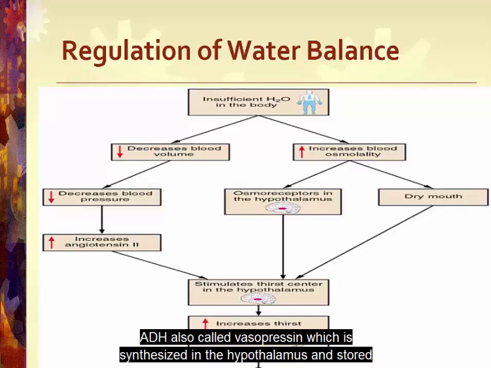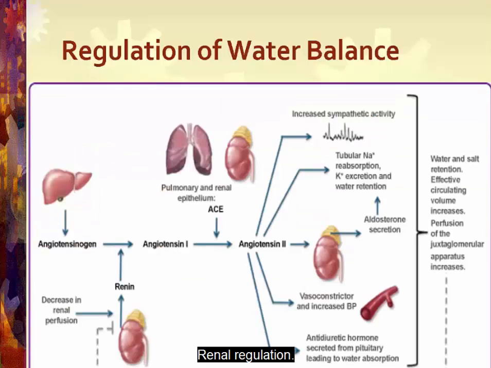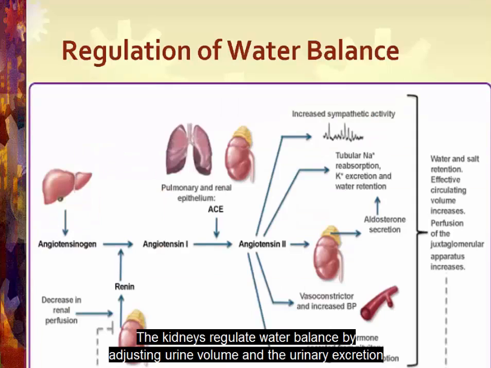ADH, also called vasopressin, which is synthesized in the hypothalamus and stored in the posterior pituitary, will then act in the renal distal and collecting tubules, causing water reabsorption. If the plasma osmolality is decreased or there is water excess, secretion of ADH is suppressed, resulting in urinary excretion of water.